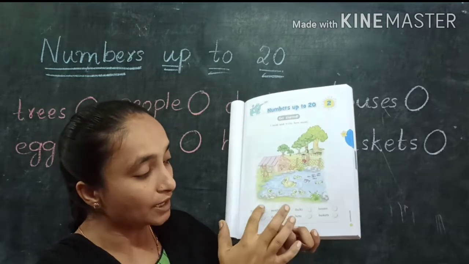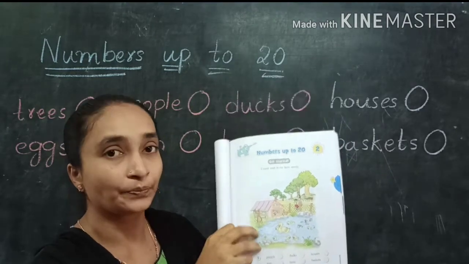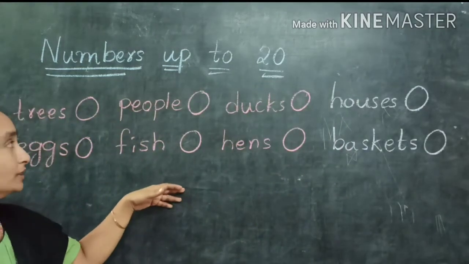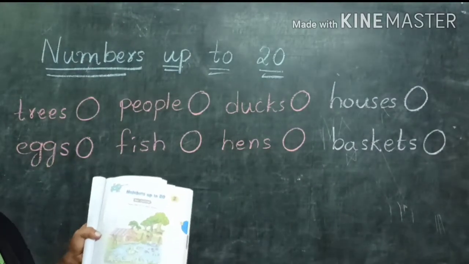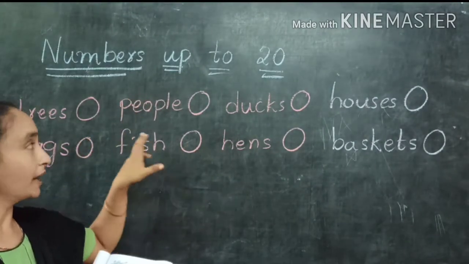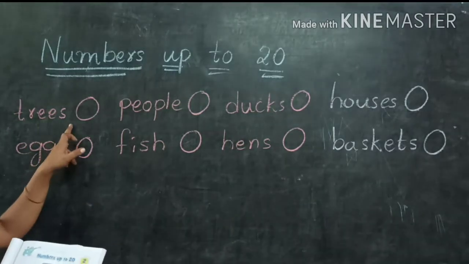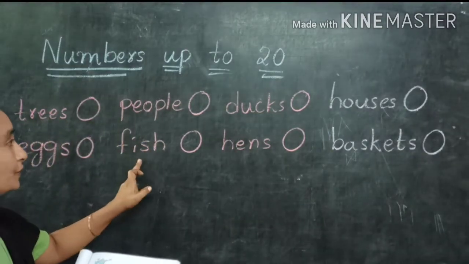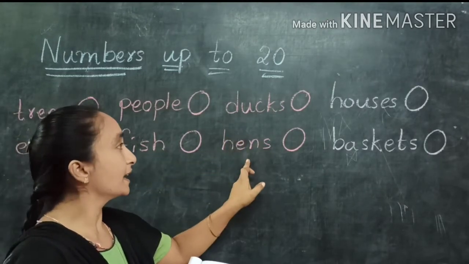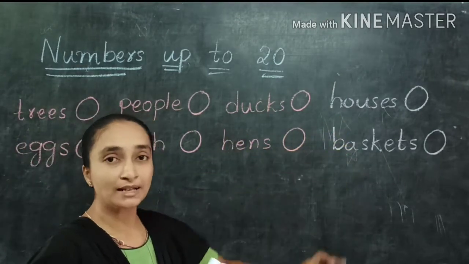Here we have the small circles. We can see on the board that I have already written the things that are in the picture: trees, eggs, people, fish, ducks, hens, houses, baskets.